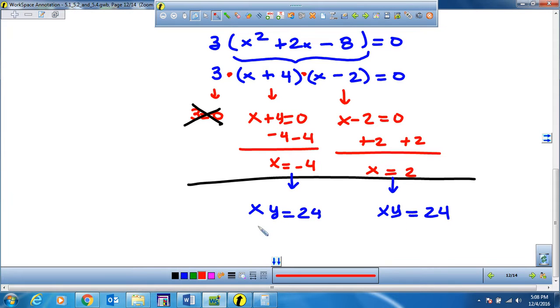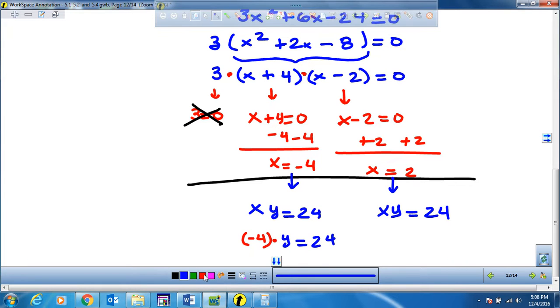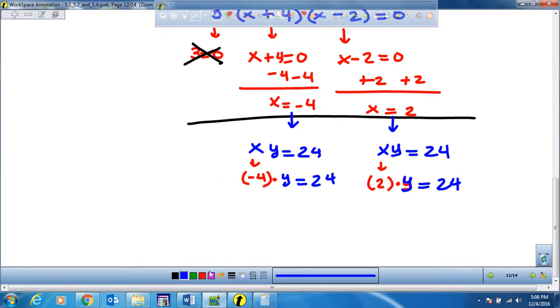So x is negative 4. I'm going to put it in parentheses. That is going to be multiplying times the y. The other one is going to be 2 times y equals 24. So since negative 4 is multiplying times y, the opposite is dividing.